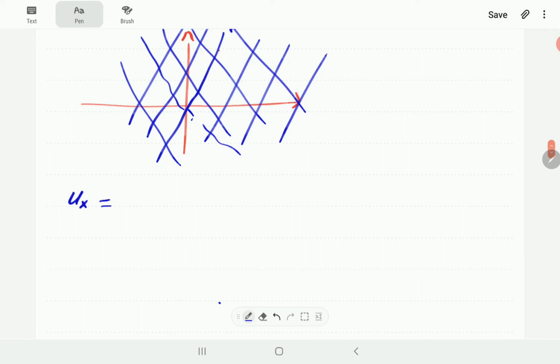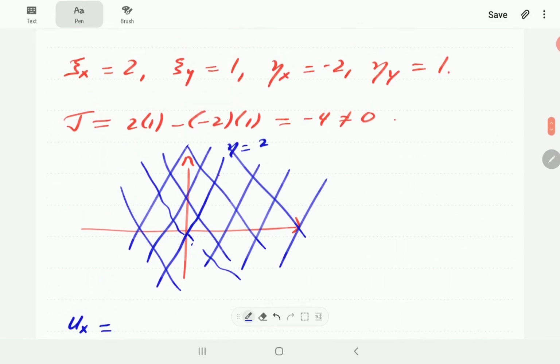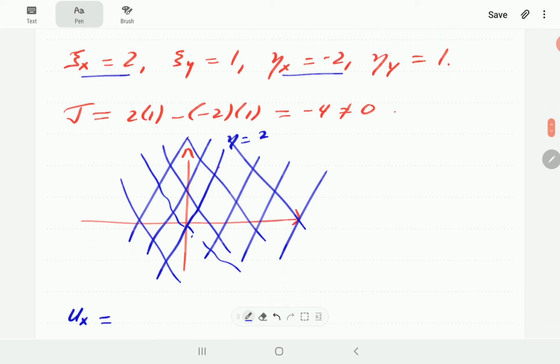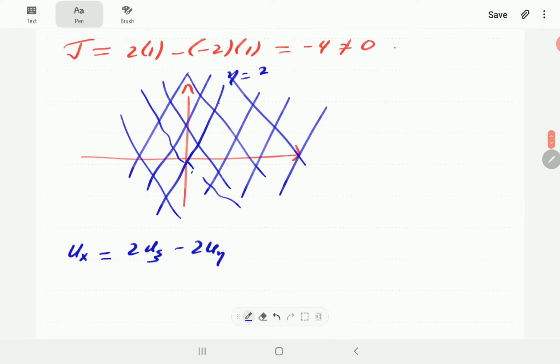Right, so let's go to the derivatives. u x is going to be the x derivative of xi times u xi, plus the x derivative of eta times u eta. So it's going to be u xi minus 2 u eta.